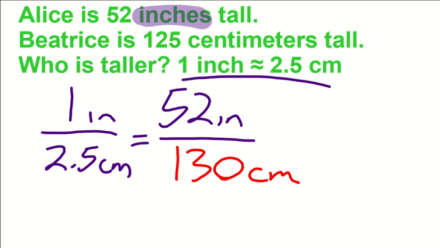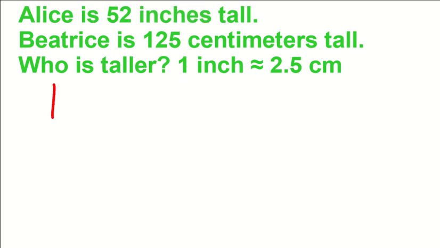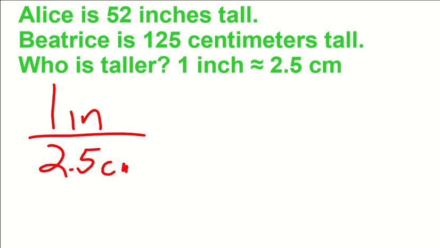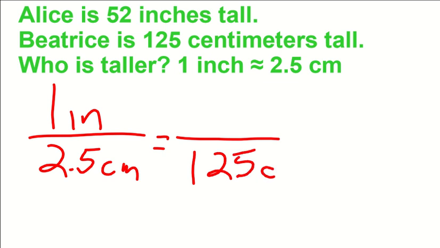If it was the other way around, if we were looking for the inches, we'd still have our same scale. The scale doesn't change anything. The only difference is we'd want to change the Beatrice one. So 125 times 1 divided by 2.5.